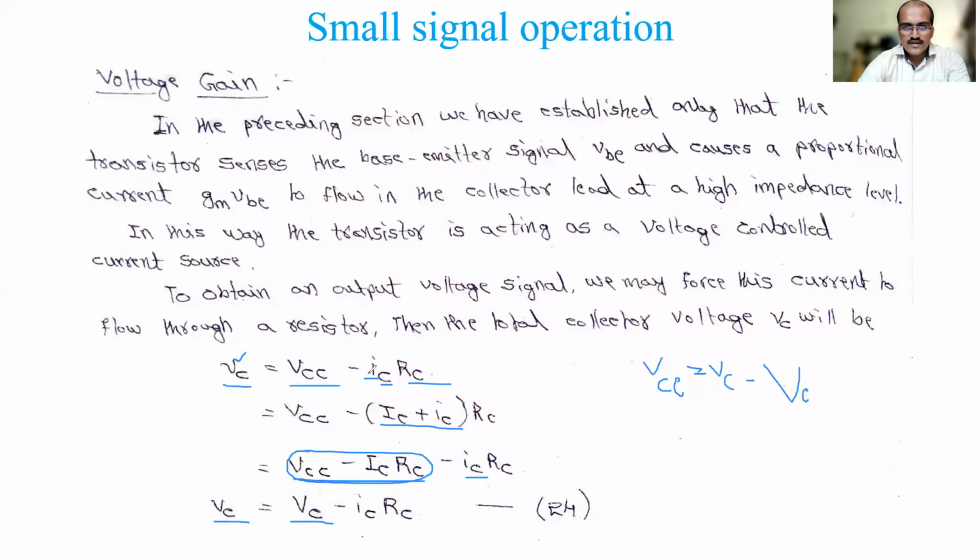Now what is the difference between this equation and this equation here? Both left sides are the same. On the right side, here this is the instantaneous collector current, but now it is an AC current, the signal component current. These are the small things you should be able to understand, and then it is easier for you to go through.